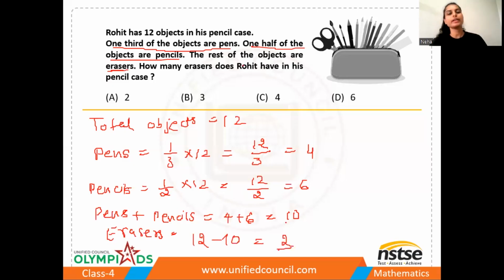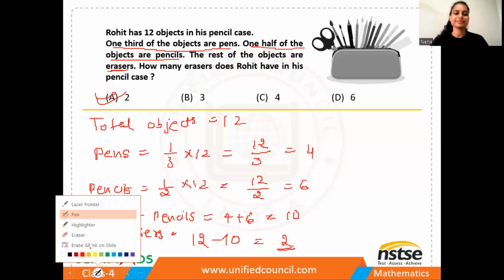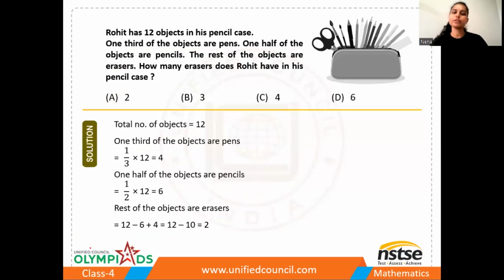So yes, 2 erasers we have. So how many erasers does Rohit have in his pencil case? Yes, it is 2. 2 is your right answer. So what you have to do in this question? You just have to find out the total number of pens and pencils, and then you can easily find out the number of erasers. Right?